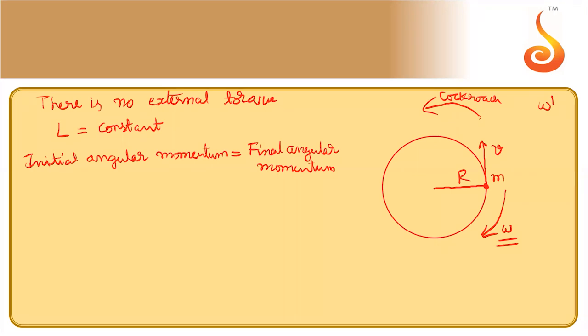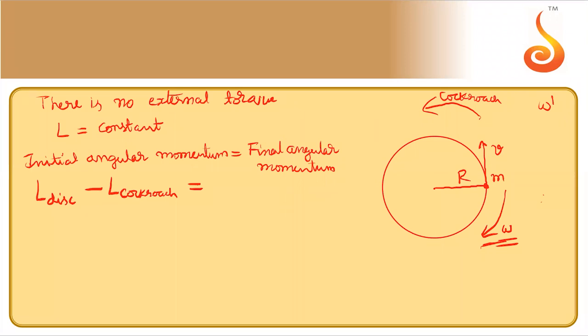So the initial angular momentum of the system is the angular momentum of the disk, I'll write one more step before direct substitution: L disk minus L of cockroach. Why minus? Because the angular velocity of the cockroach is anti-clockwise, whereas the angular velocity of the disk is clockwise. They're in opposite directions. That should be equal to the final angular momentum.